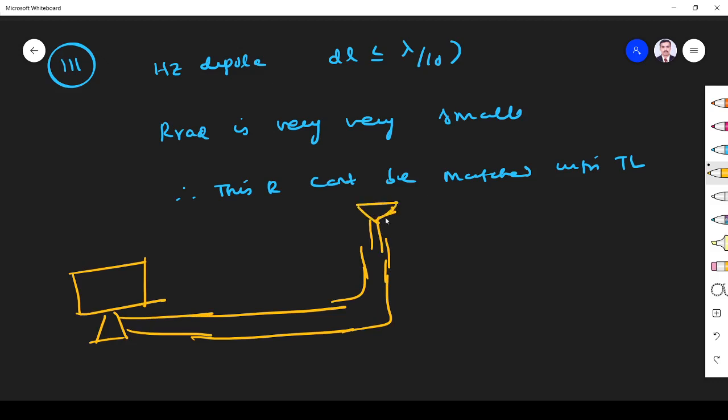This is having 50 ohm, but the antenna has 2 ohm. So impedance matching is not possible. Impedance matching not being possible means load and source impedance are not matched, so maximum power is not transferred. That is another problem, right? So these are all the things we must know.